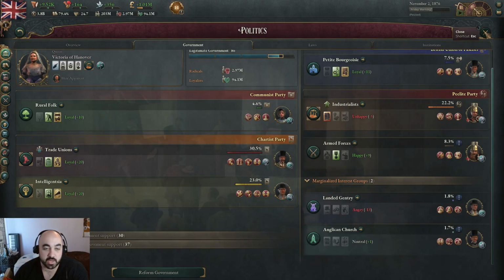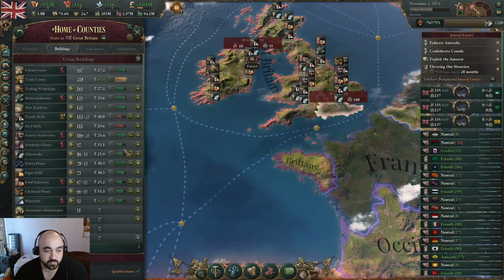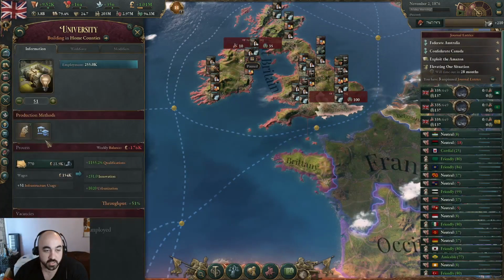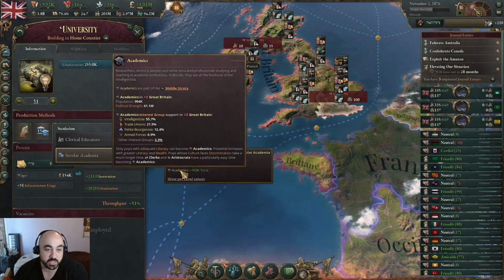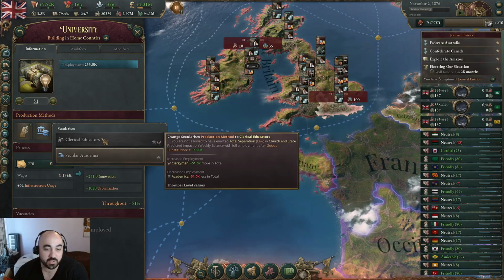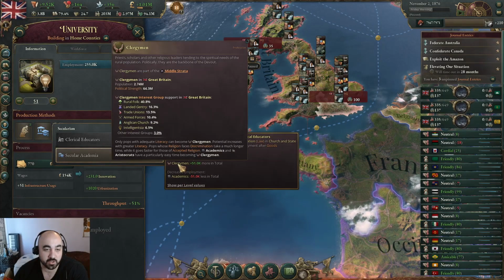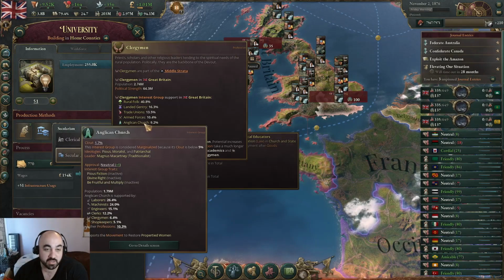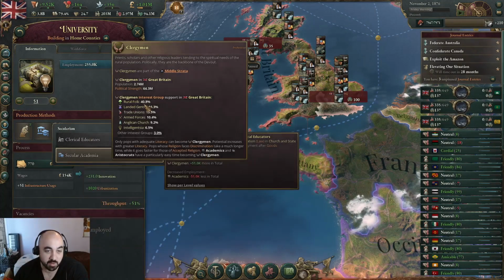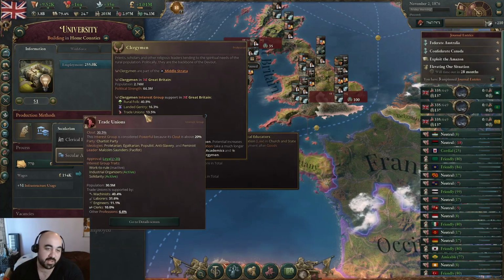You will also take note of some PMs. For example, in the universities, you can go secular academia, which hires academics, who tend to be more intelligentsia than other things. And clerical educators, for example, I don't think we have much clergymen, but they will be primarily church-oriented, although here we have suppressed the church quite a bit, and so they're primarily rural folk in our case, and landed gentry.